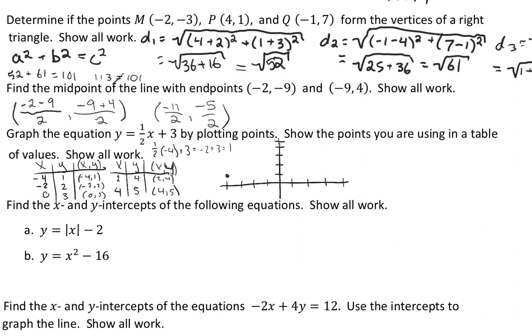At -2, we'd be at 2. We'd be here, be here, and we'd be here. So our graph would look something like this. Oh, the point's a little off. But like that. So every 2x over, we go up 1.